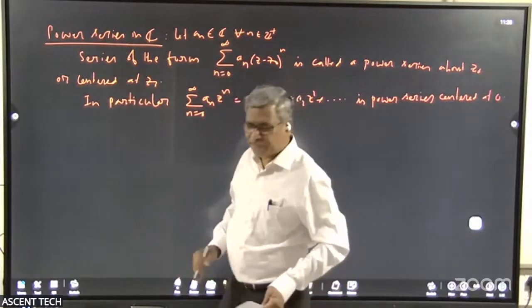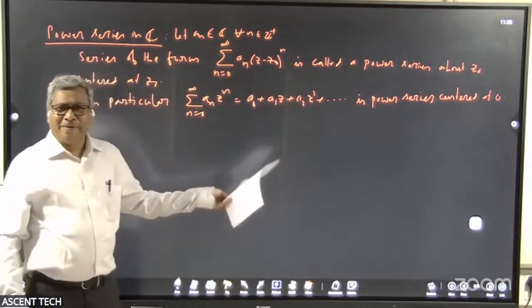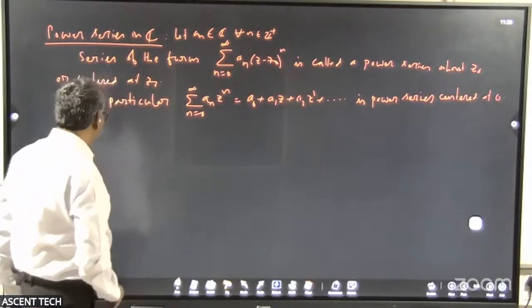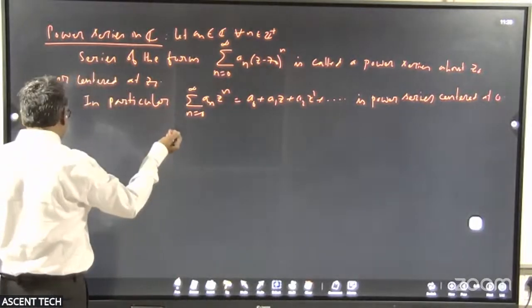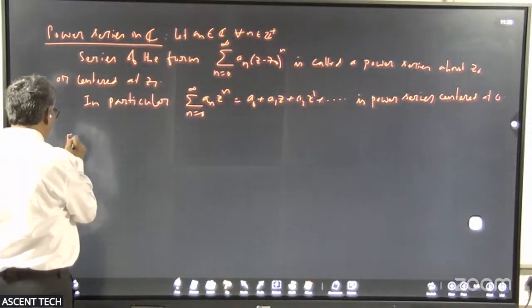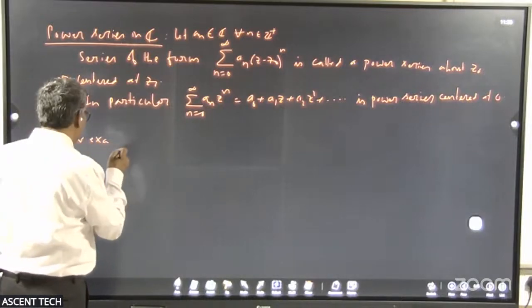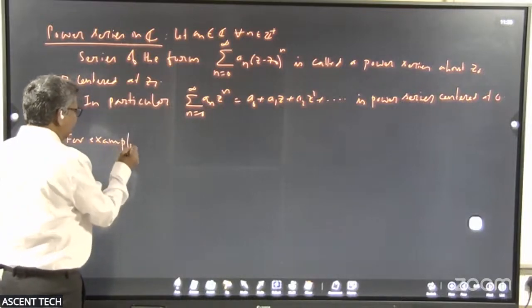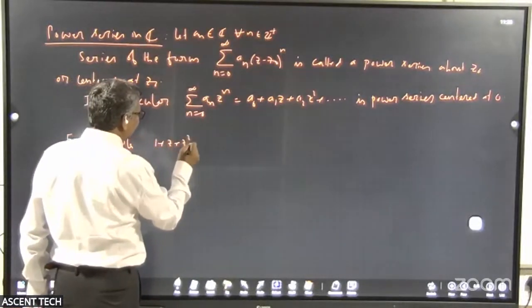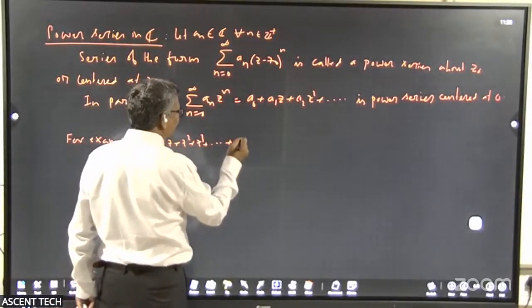I think Weierstrass's test will very quickly tell you an easy way to say whether the series converges or not. You have some standard series, 1 by 1 minus z, for example, is easy. Take 1 plus z plus z squared, z cubed, etc., z to the power n.